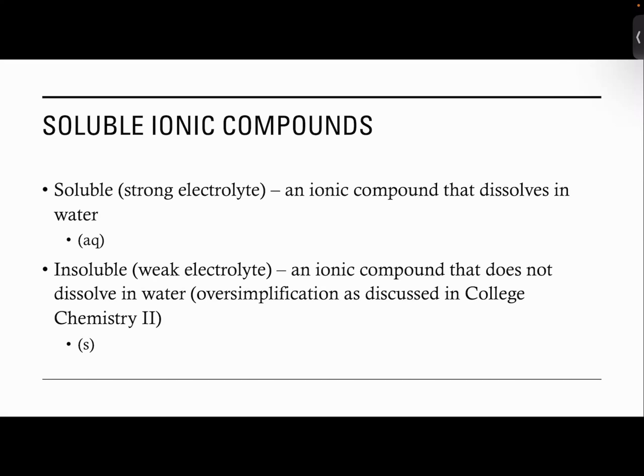Rule number 1 is that if it consists of a group 1 metal, or if it contains ammonium as the cation, it is soluble, meaning it is aqueous, and there are going to be no exceptions to that rule. The second rule is if the anion is a nitrate or an acetate, or in many cases a chlorate, the substance is going to be soluble, and there will be no exceptions to that rule.